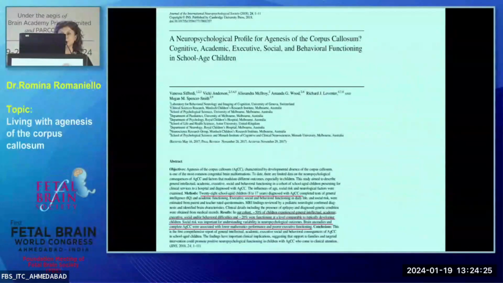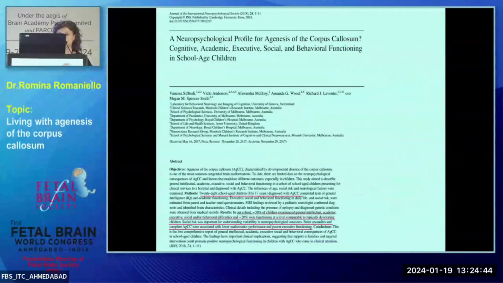The neuropsychological profile of agenesis of the corpus callosum was a study, again from Siffredi, in 2018. The study included 28 school-age children from 8 to 17 years with ACC.